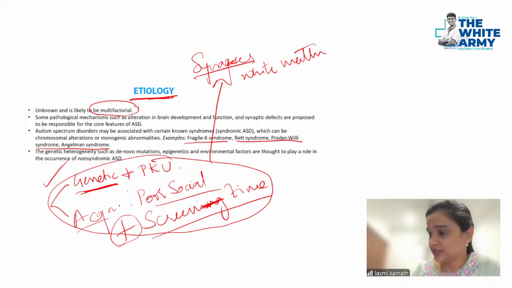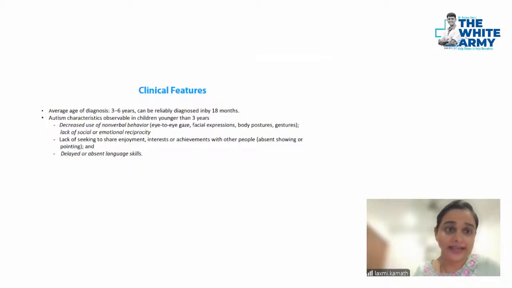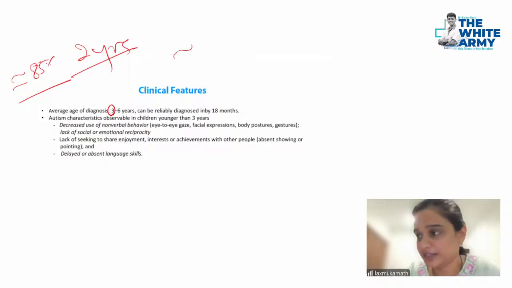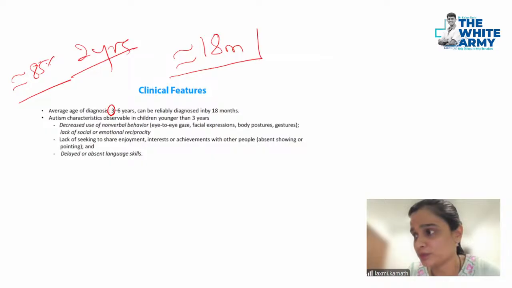Okay. So how does a child present? The general average age of diagnosis is 3 years. But we all know that 85% of brain growth happens by 2 years of age. That is why we are very vigilant to diagnose autism as early as possible. The earliest time we can diagnose autism is probably 18 months.